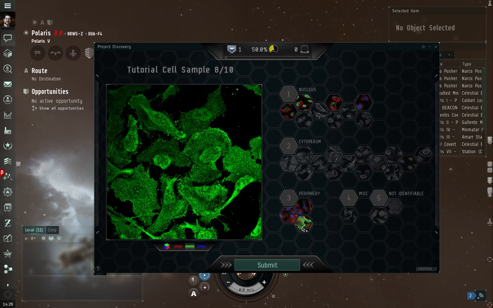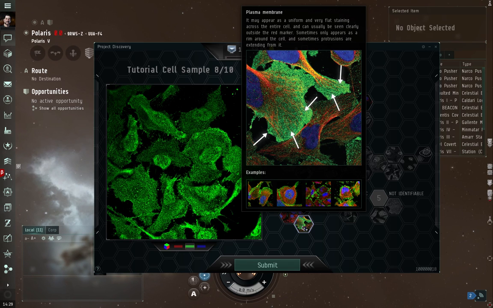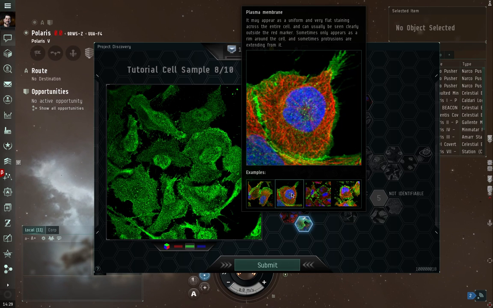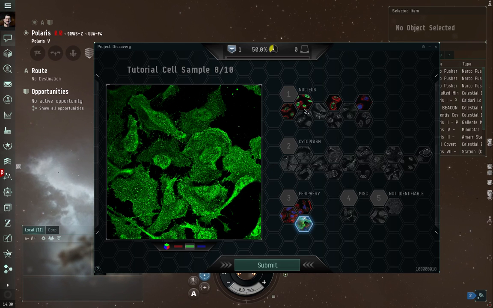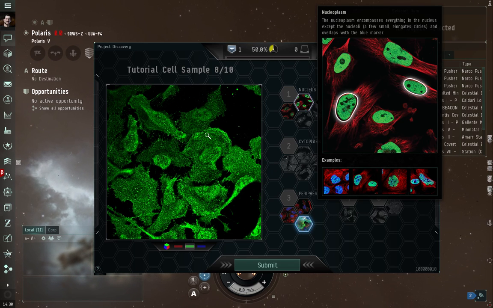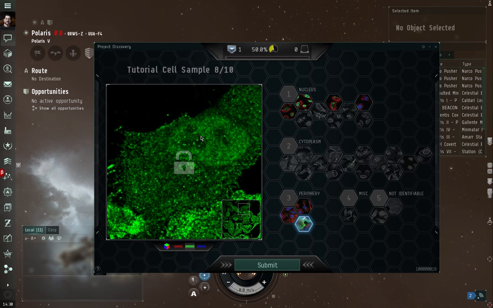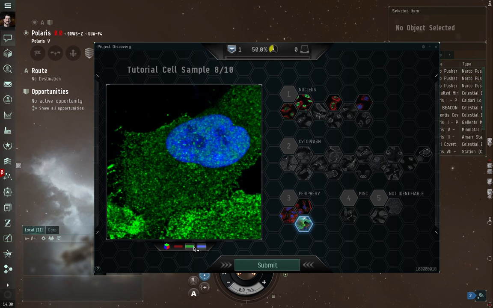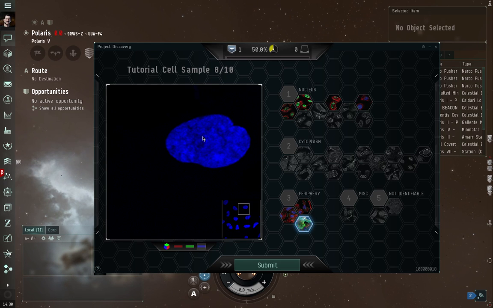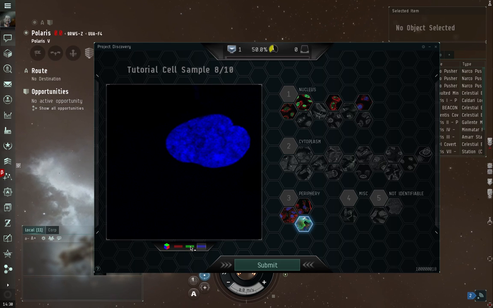So in this one we see again this clear fingering out on the exterior of the cell. That's plasma membrane. But we also see some nucleus and maybe even nucleoplasm here. So as you can see, maybe this is a nucleoli.